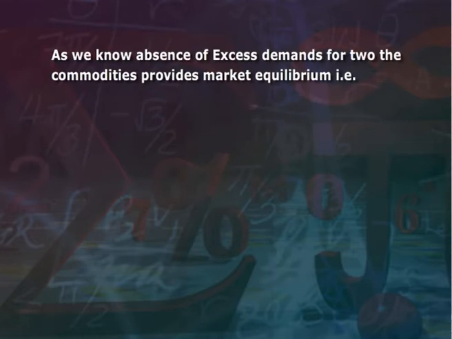As we know, absence of excess demands for the two commodities provides market equilibrium, that is, Ei, which is identically equal to QDi minus QSi, is equal to 0 for i equal to 1 and 2.